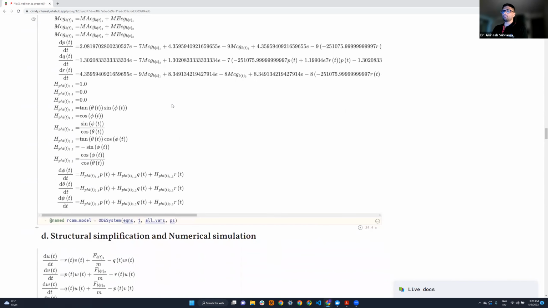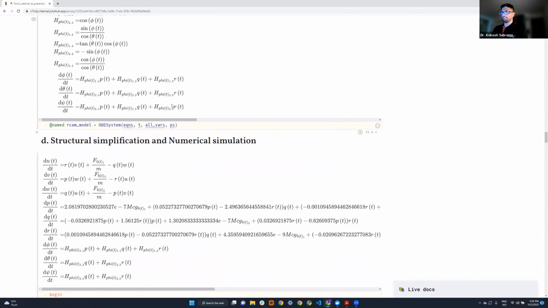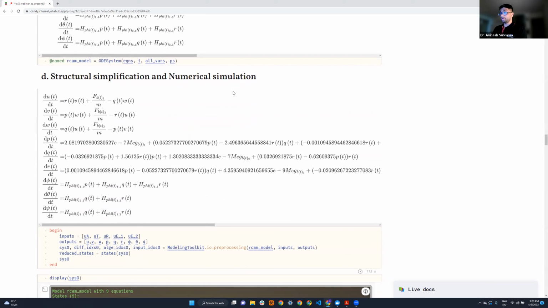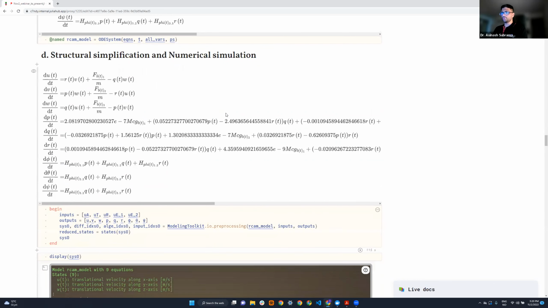But then ModelingToolkit provides us functionality to simplify the structure of the system and to perform numerical simulation. So ModelingToolkit has this I/O pre-processing functionality.